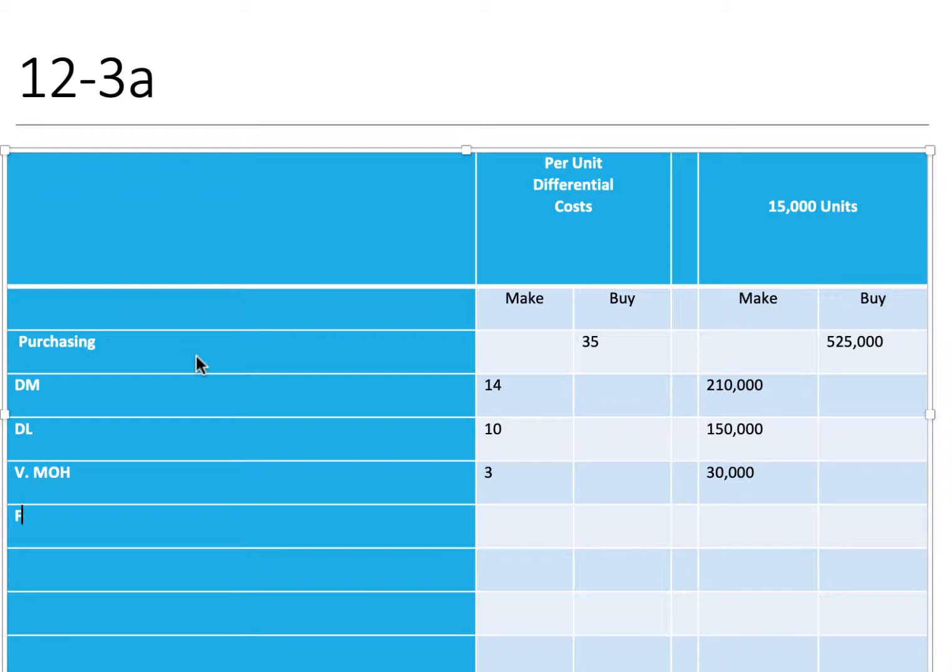So they gave us our fixed MOH, and a note that says, by the way, 1/3 of that is supervisor salary, which you will obviously forgo if you buy them. You don't incur that fixed cost. But the 2/3 of that $6, which is depreciation, that's a sunk cost, and that's irrelevant. So 1/3 of 6 should be 2. In total, the fixed MOH that we forgo is... I apologize, 3 times 15,000 is not 30,000. That is 45,000.